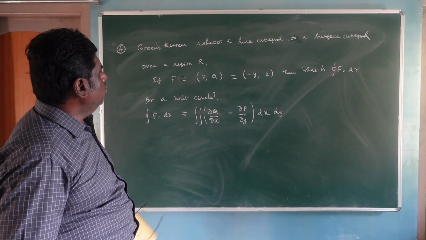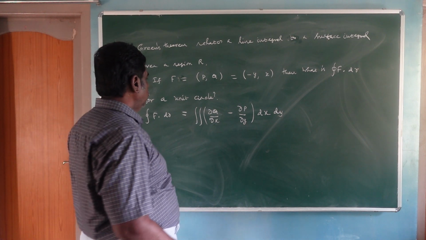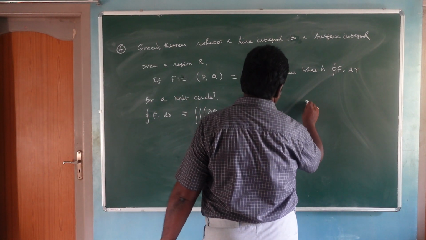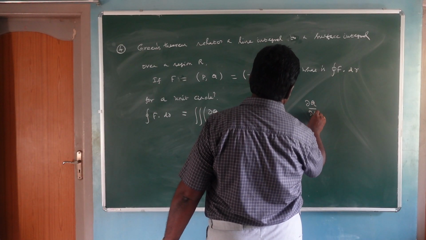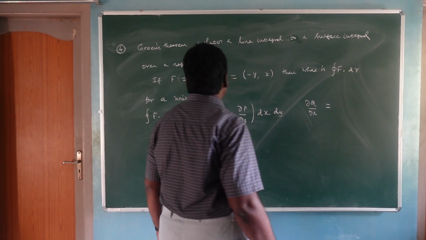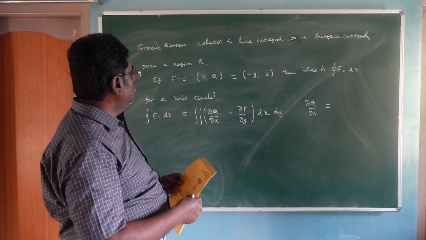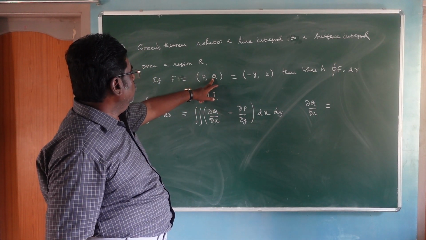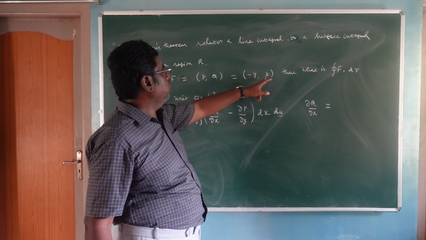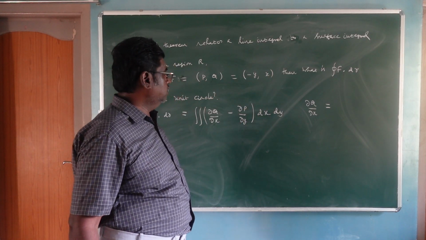We have to use this. This is Green's theorem. In the given problem, (P, Q) equal to (minus y, x).